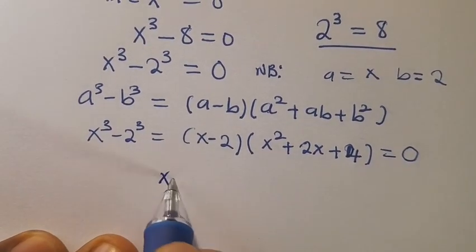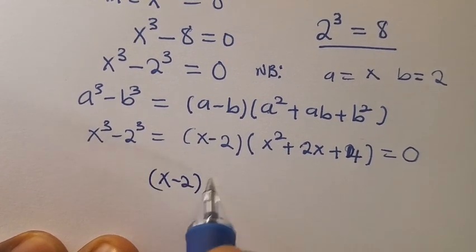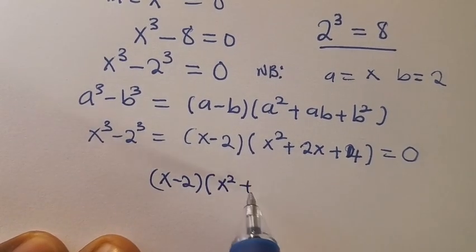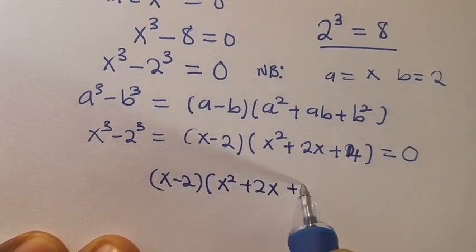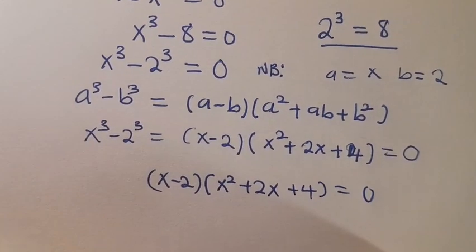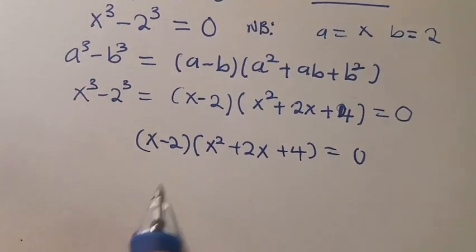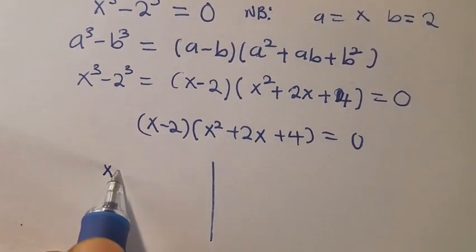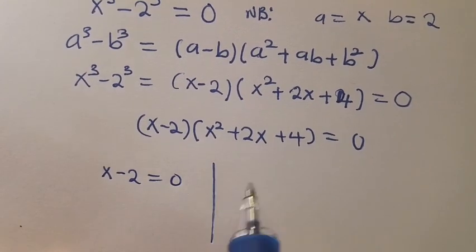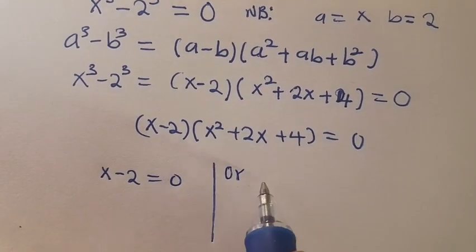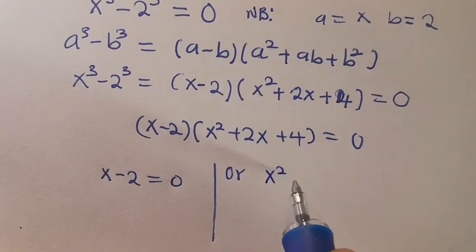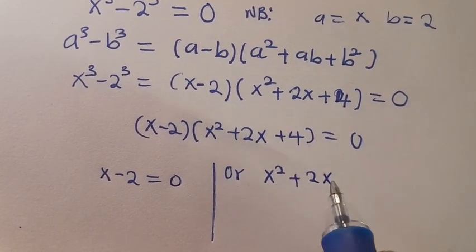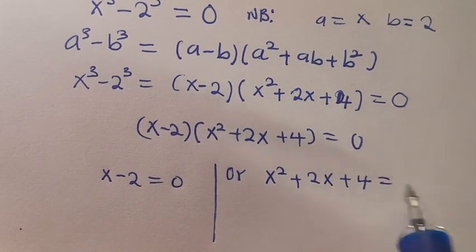So guys, we have our x minus 2 all in brackets multiplied by x squared plus 2x plus 4 all in brackets equals 0. Likewise here again, is either we have x minus 2 equals 0, or we have x squared plus 2x plus 4 to be equals 0.